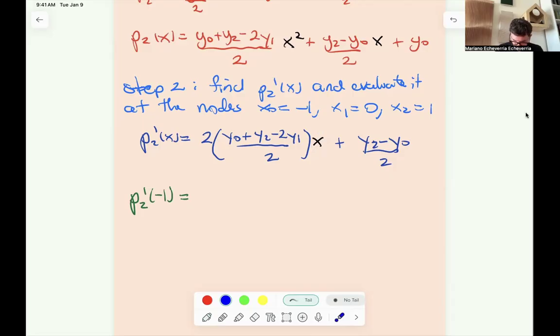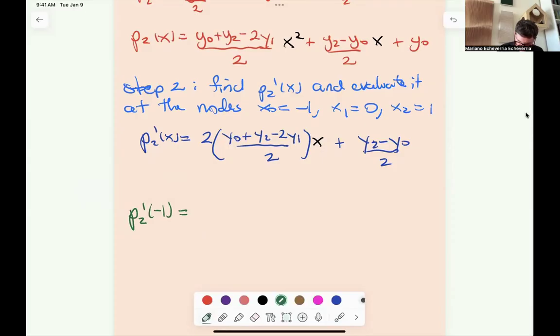Ah, that's silly me, these two cancel out these two. So before continuing, let me simplify the formula for the derivative so that it looks a little bit easier. It's (y0 + y2 - 2y1) times x plus (y2 - y0)/2.